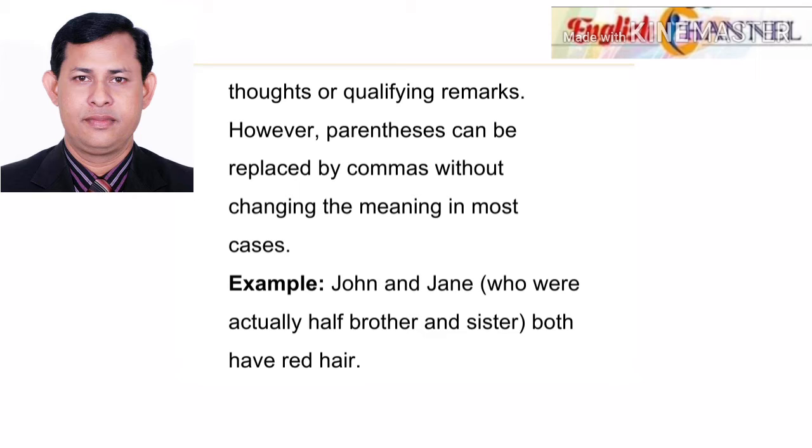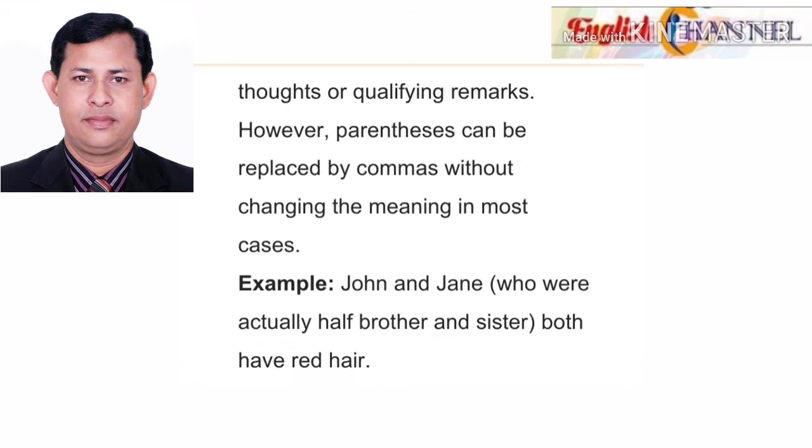Example: John and Jane, within parentheses, who are actually half brother and sister, both have red hair. In this example, we find qualifying remark within the parentheses or first brackets.